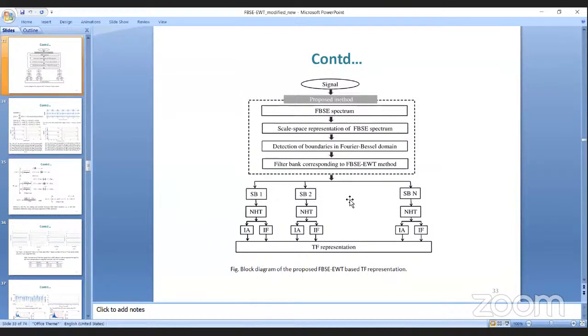When you have the instantaneous amplitude and frequency computation of all these subbands, the arrangement of these IA and IF functions provides you the time frequency representation based on the FBSE EWT method.